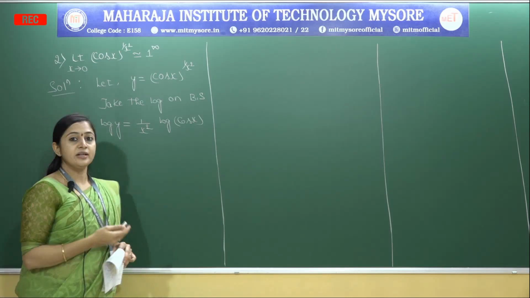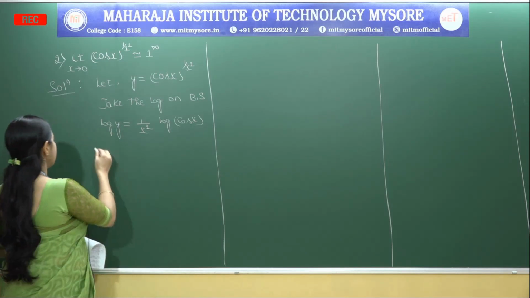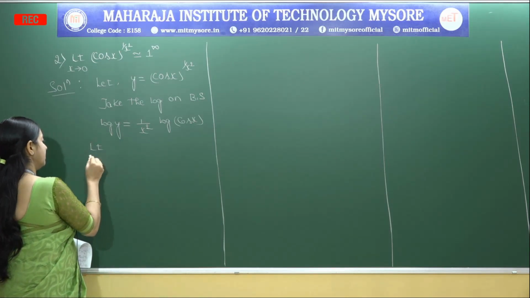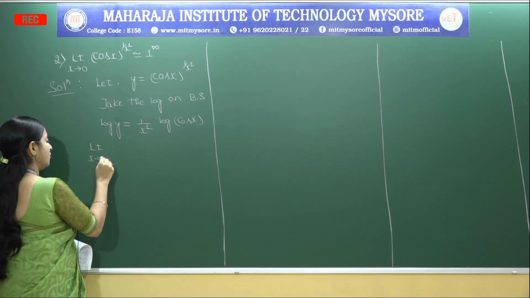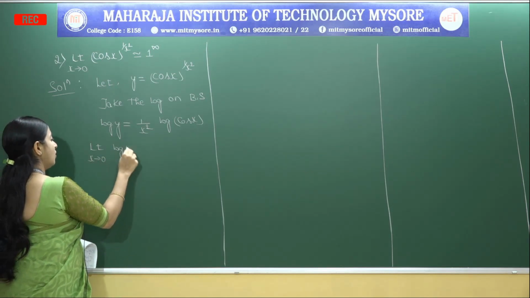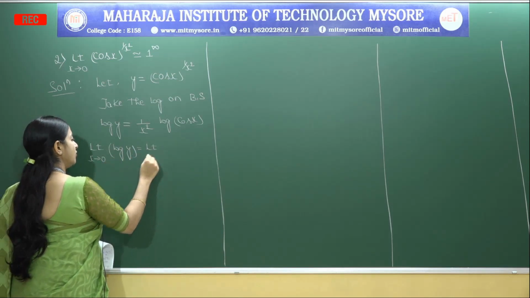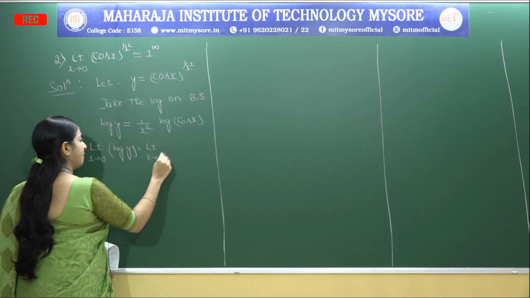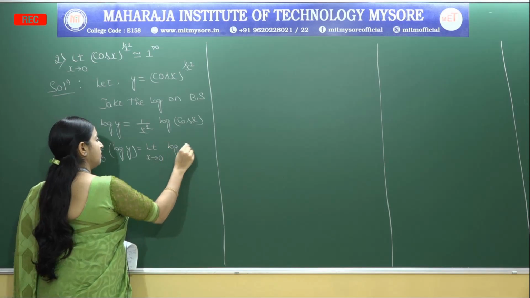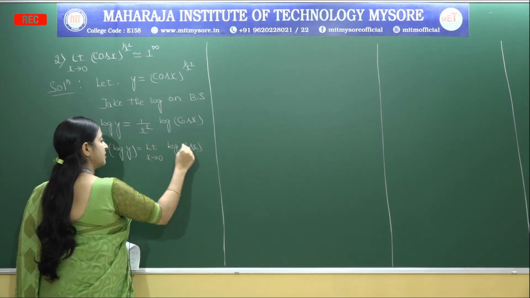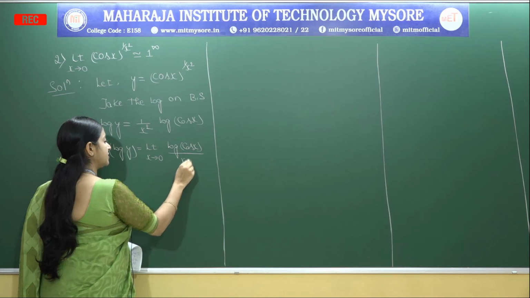Now apply the limit as x tends to 0 on both sides. You can write LIM or LT, both are the same for the limit. Limit as x tends to 0 of log cos x divided by x square.